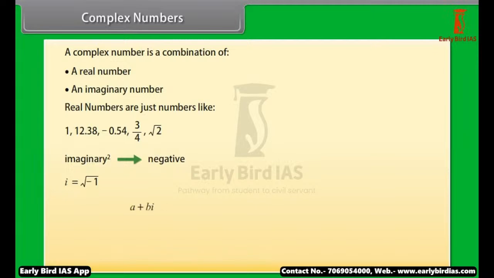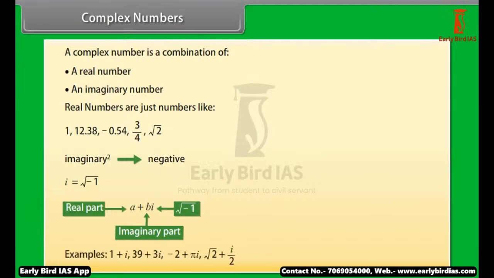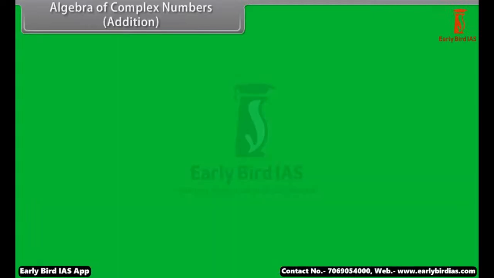a plus b iota is a complex number, a combination of a real number and an imaginary number. Examples are 1 plus iota, 39 plus 3 iota, minus 2 plus pi iota, square root 2 plus iota by 2. Algebra of complex numbers. Addition.